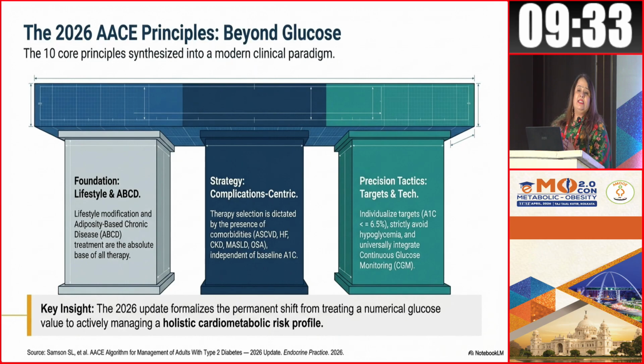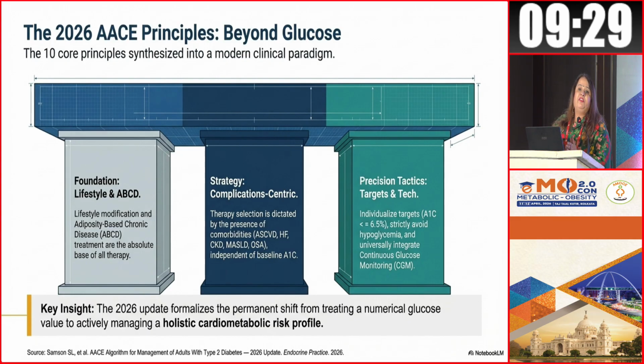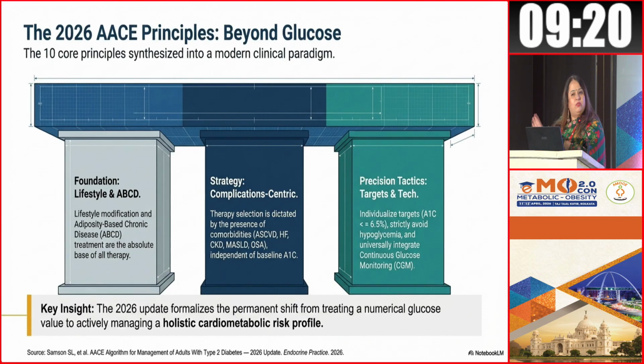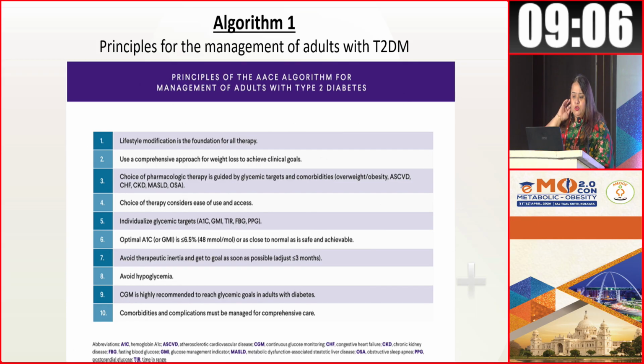And individualization of target with a strong recommendation for 6.5 and below of HbA1c. So this is like a holistic cardiometabolic risk profile, the Caramello syndrome approach is coming back in a big way. These are the core principles of algorithm 1, and I'm just going to read them out so it kind of stays with you.